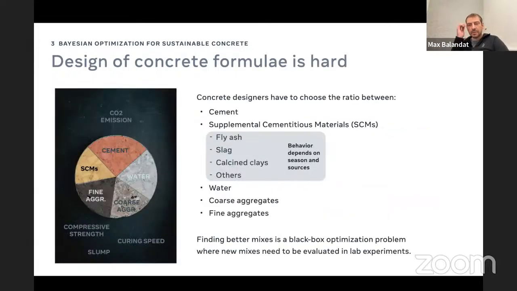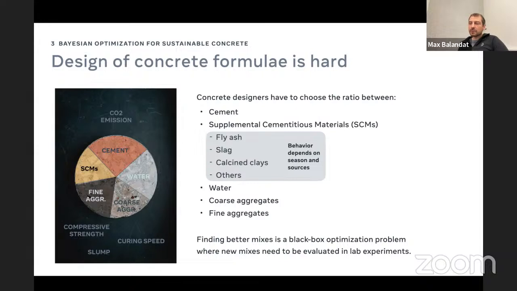That's a challenging problem because to figure out what the mix is, you have to figure out the proportions of cement, water, the different aggregates, and then also which of these supplemental cementitious materials, or SCMs, you want to use, and then how much of those. And then the behavior of those may also depend on where they're sourced, and then there's all kinds of other dependencies on temperature, of course, and humidity and various other aspects.